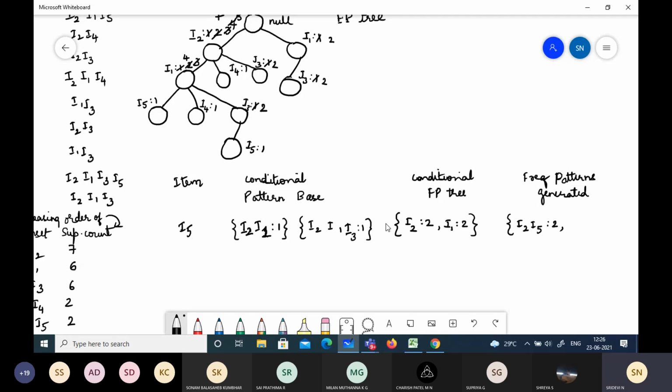Then I1, I5, count 2. And we can also have the combination I1, I2, I5. I2, I1 together, I'm performing a join operation. That's it.